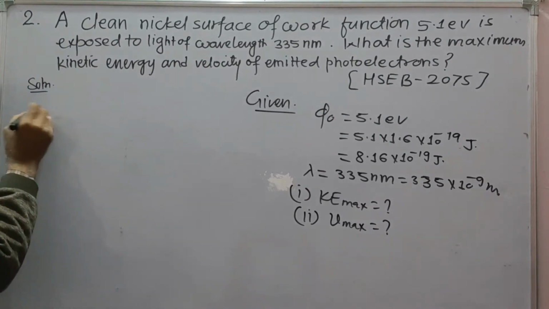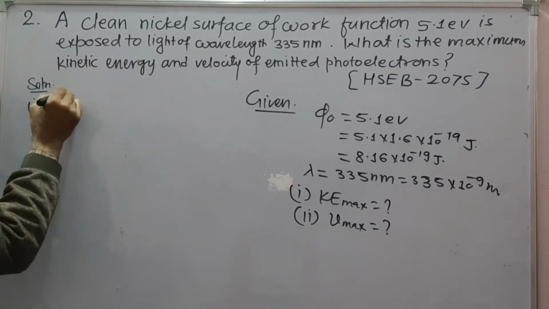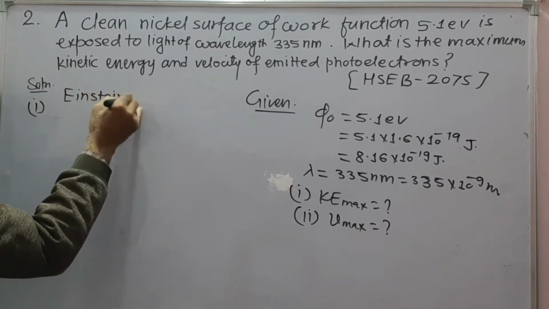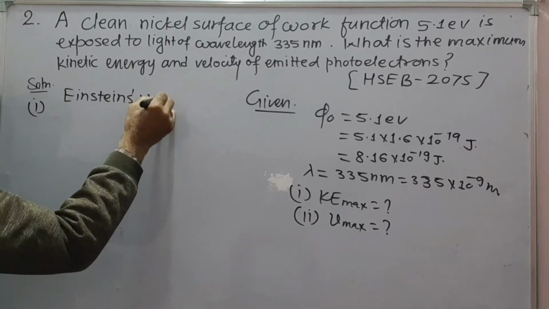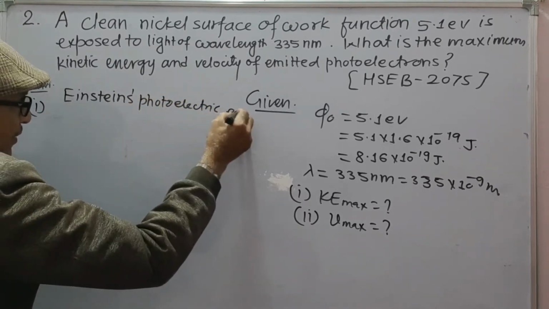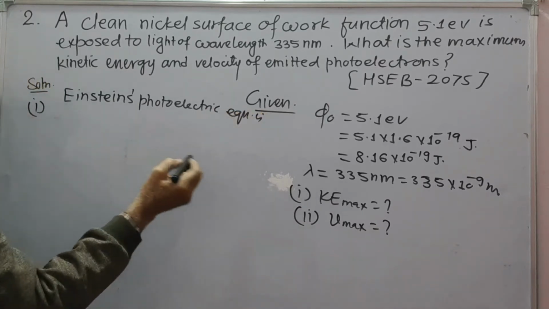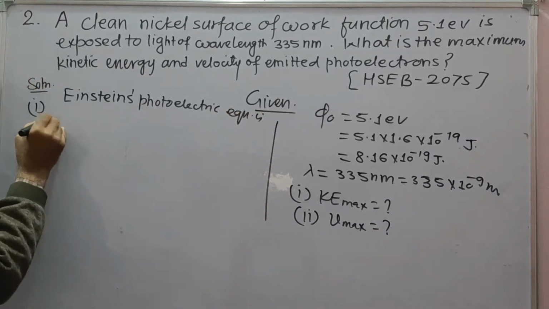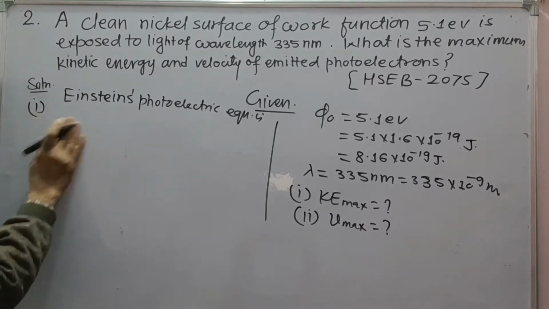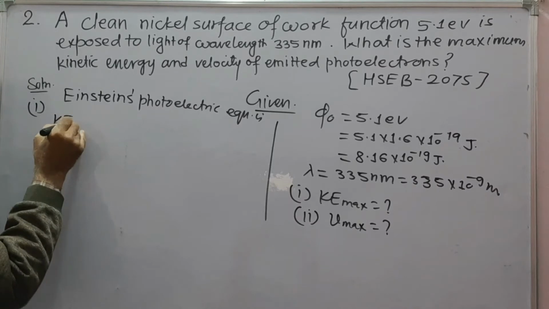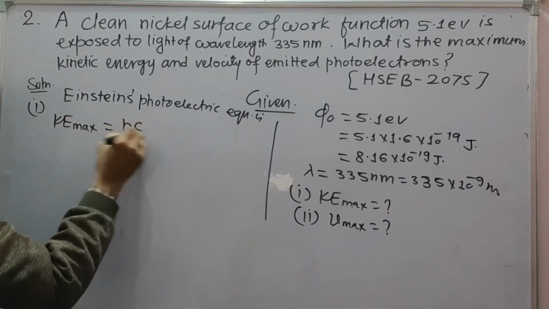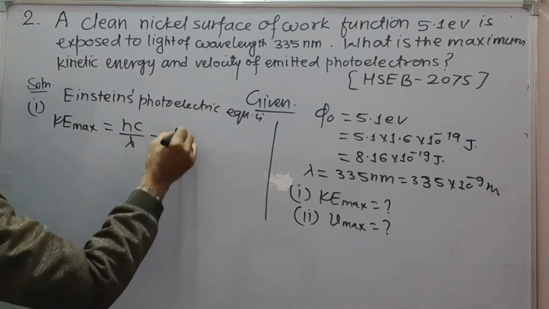Now Einstein's photoelectric equation is K max, which is half m v max square, is equal to h c upon lambda minus phi naught.